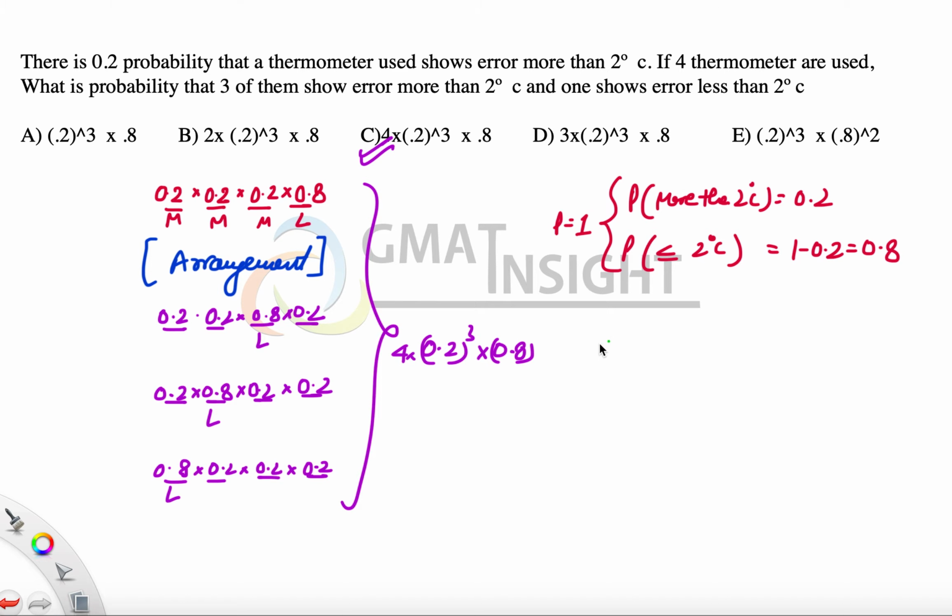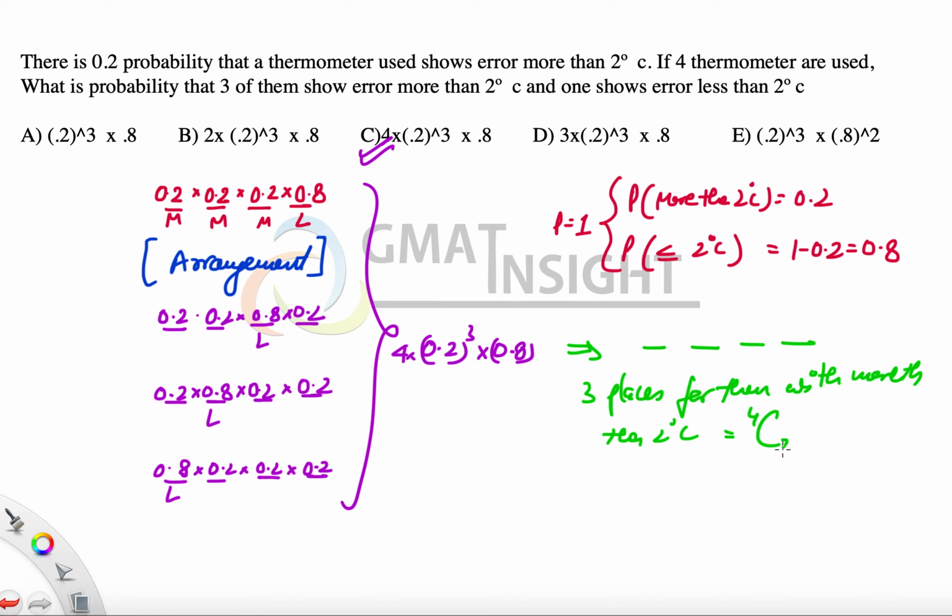Alternatively, the answer to this question could have been given this way: we have 4 places, and the 3 places for thermometers with more than 2 degrees Celsius error can be chosen in 4C3 ways.